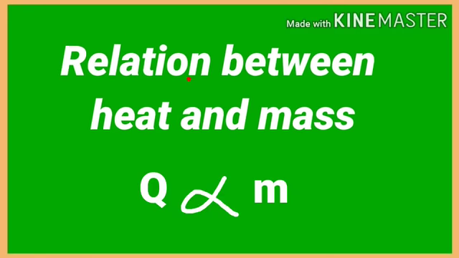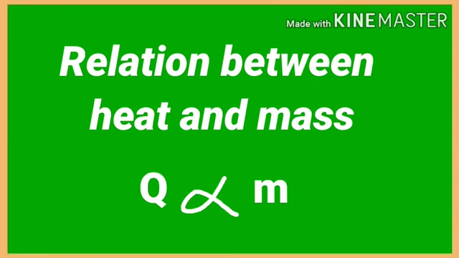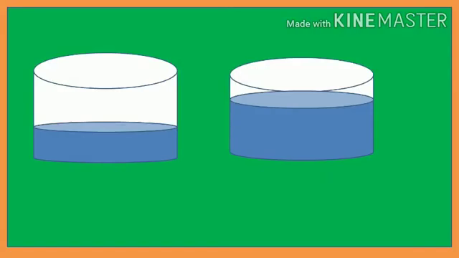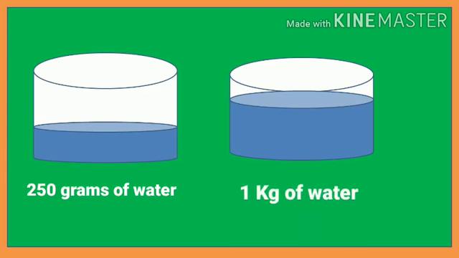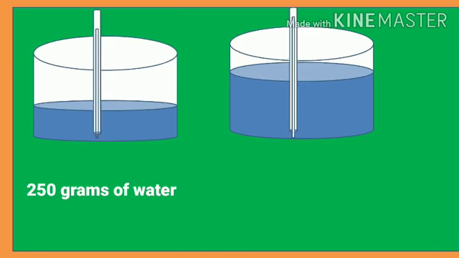Now we will observe the relation between heat and mass. Take 2 beakers of equal volume and take 250 grams of water in one beaker and 1 kg of water in another beaker. Note down the initial temperature of the water. Let the temperature be 30 degrees.